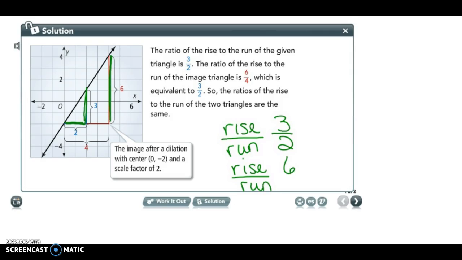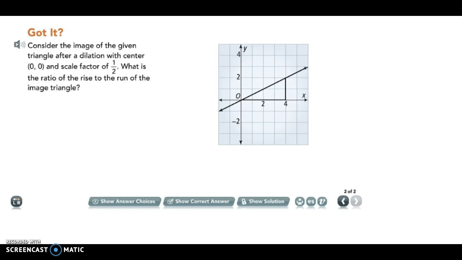It goes up 6. And how much does it go over? It goes over 4. We're going to divide those by 2, and we're going to get 3 over 2. In this case, and in every case, the ratio of the rise to the run is going to be exactly the same.